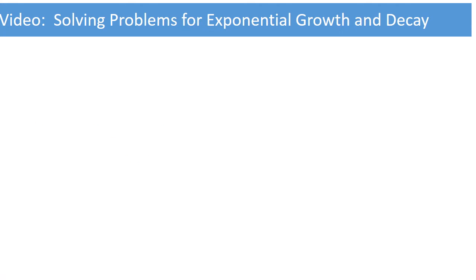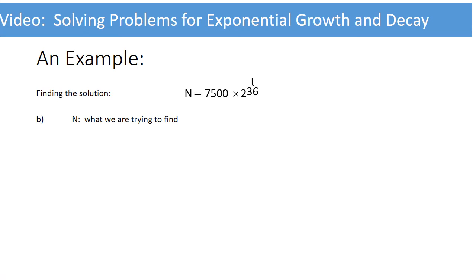Now, what about part B? In this part, we're given time over 72 hours. How does this change our calculation? We substitute into the equation.